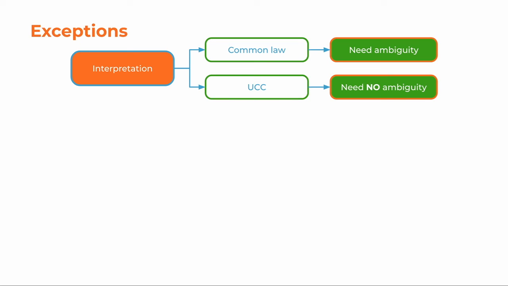Does it appear ambiguous on its face? We call it a patent ambiguity. So is it clear from the face of the agreement? Whereas in a modern approach, you could have an ambiguity based on things outside the written agreement itself, looking at the surrounding circumstances. So it's possible to have a latent ambiguity that you can try to explain away. In the UCC, again, you don't have to worry about that so much. It can come in as long as you can truthfully say, I'm not adding, I'm not changing, I am explaining.